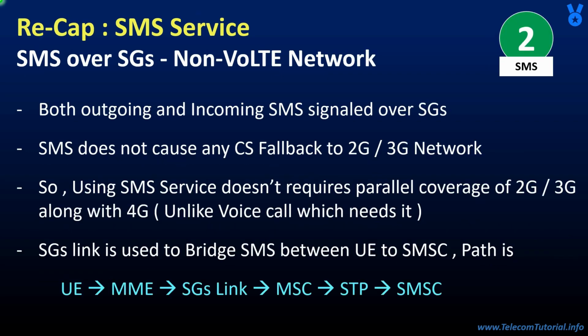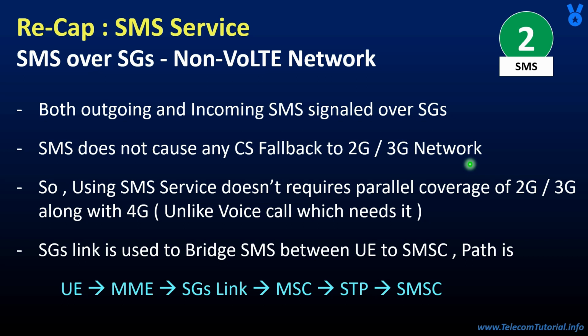SMS over SGs. This is meant for the non-VoLTE networks, which are basically 4G non-VoLTE networks. Both outgoing and incoming SMS are signaled over SGs. SMS doesn't cause any CS fallback to 2G 3G network. Remember, in voice it falls back to 2G 3G network and camps on 2G 3G network, but in SMS it doesn't fall back or camp on 2G 3G network.